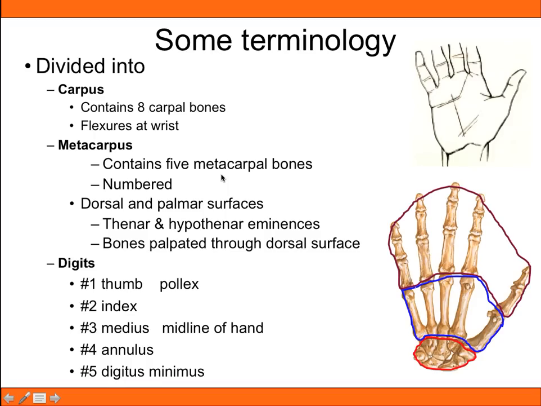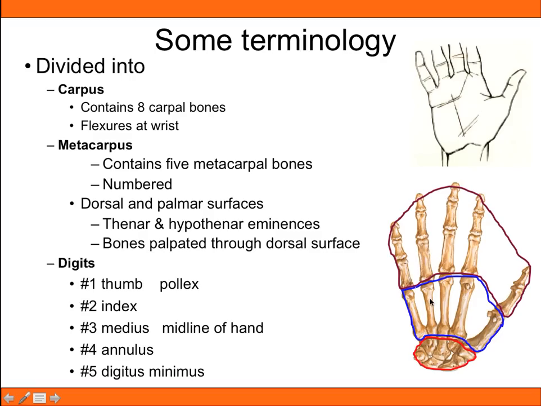Some terminology before we begin. The whole hand itself is divided into the carpus, which is here, the metacarpus, which is here, and the digits, which are here. So what do they contain? Well, the carpus contains 8 carpal bones, and you can see some skin markings over the carpus itself, which mark flexures at the wrist.